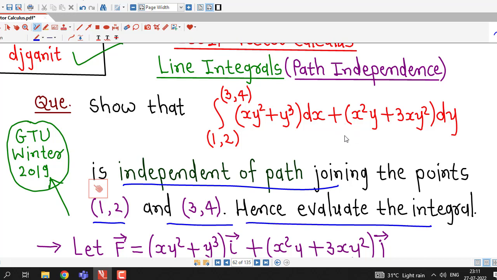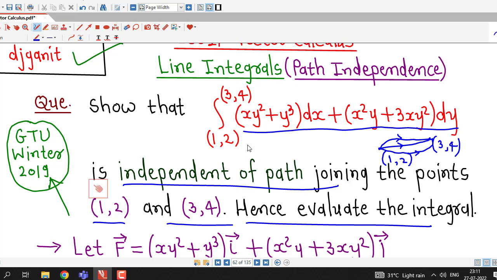Here first we have to prove that this line integral is independent of path. We are given 2 points (1, 2) and (3, 4) in a plane, and we have to first show that this integral has the same value along any path joining these 2 points. That means we have to prove that the line integral is path independent, and for that we have to show that this differential form is exact.